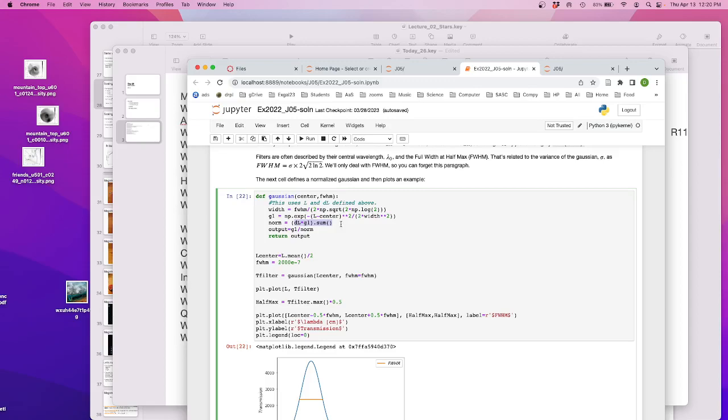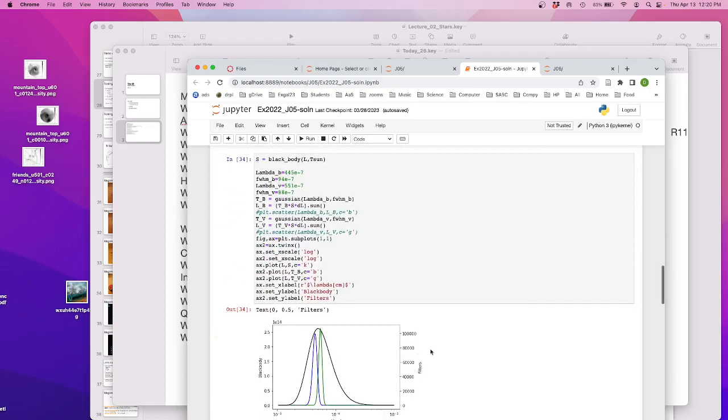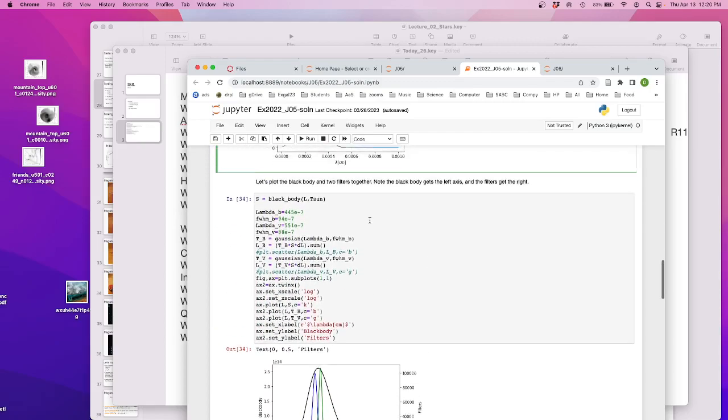So we'll add up whatever it is and divide by that. So I know that it's exactly 1. So then my filter is going to be centered at this center and have this width. So that's what this looks like. If we plot a filter with its full width half maximum indicated, we got that there.